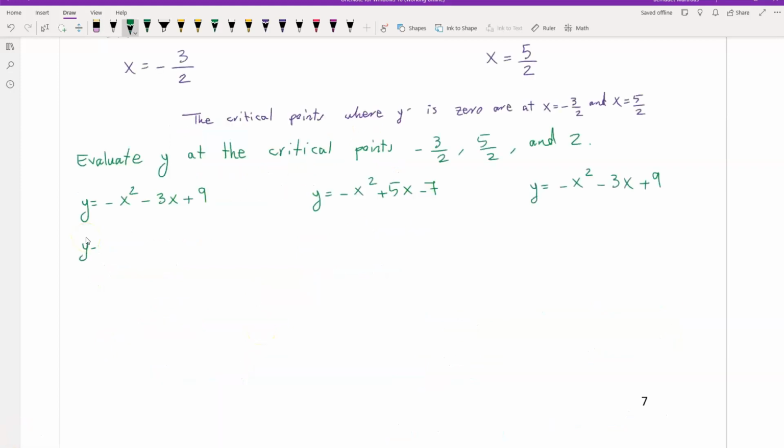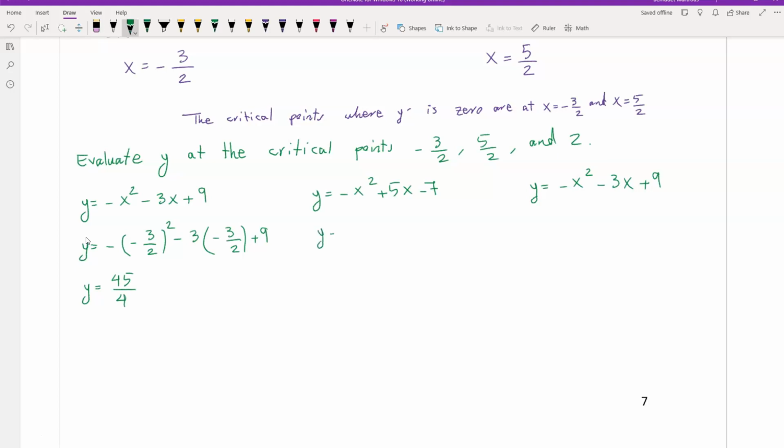For the first piece, using negative 3 over 2 for x, the answer for y is 45/4.